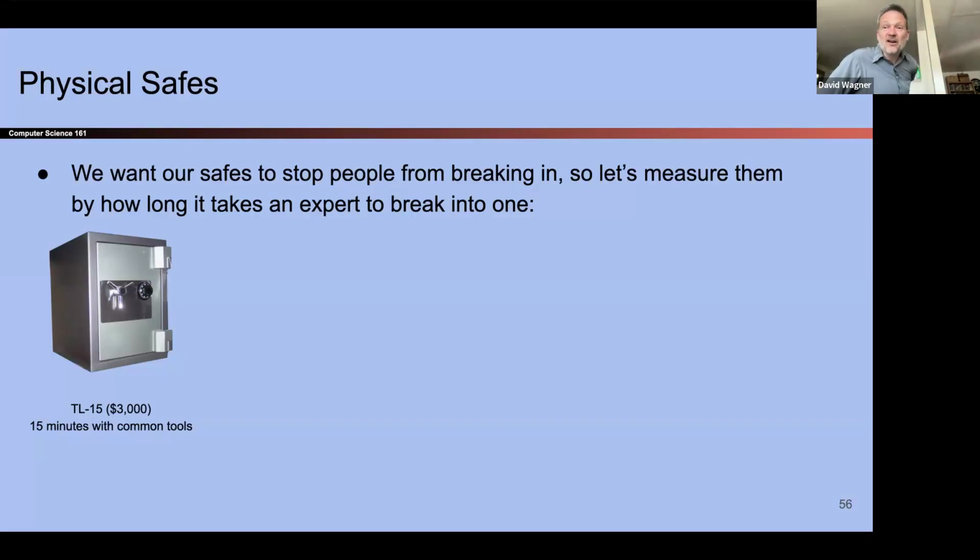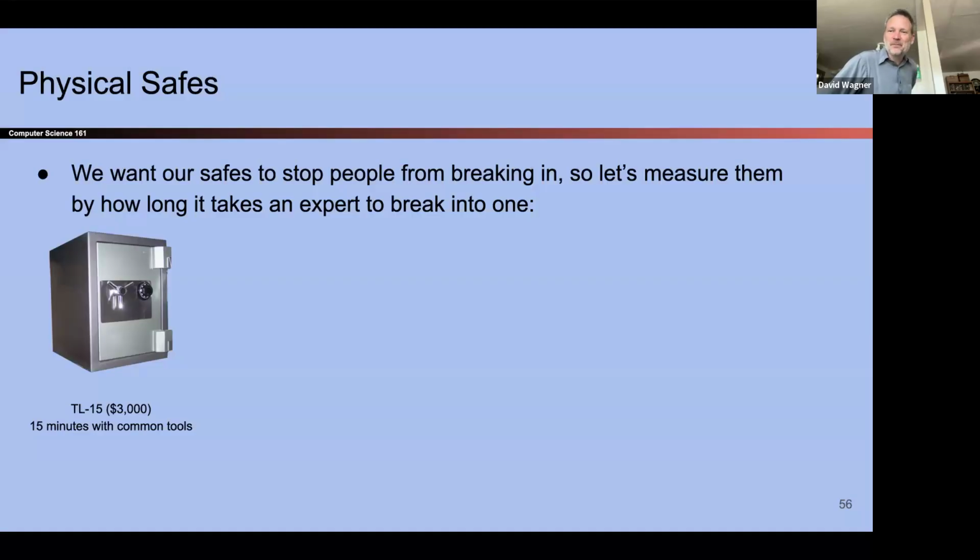Government offices will have certain classes of materials that they say need to be stored in a safe rated at least TL15 or better, anytime there's no one around. So the TL is for common tools and 15 is 15 minutes.